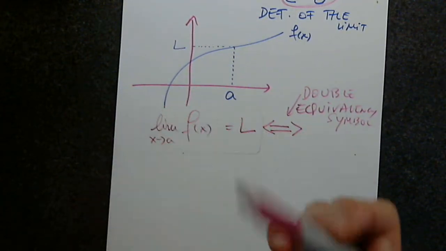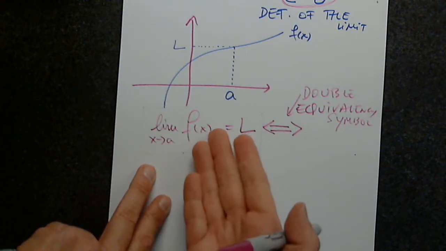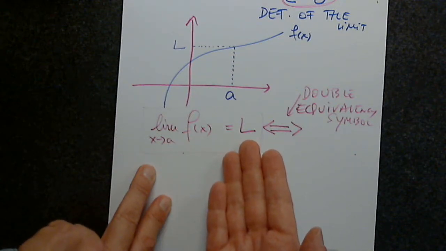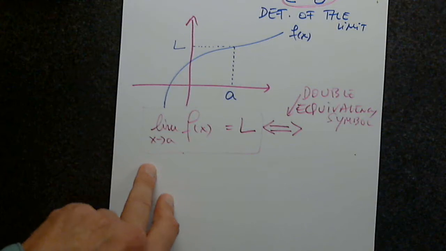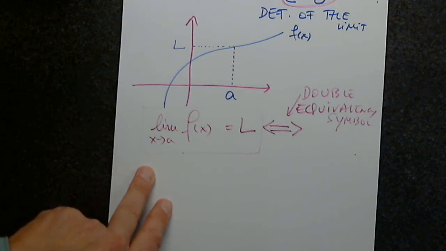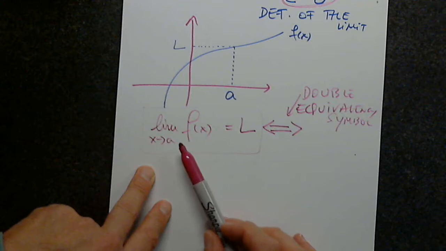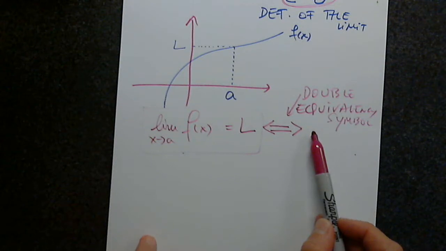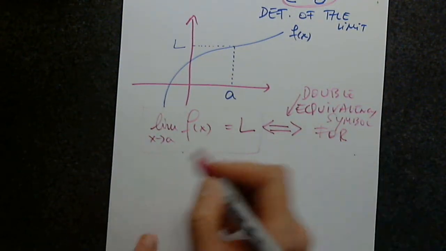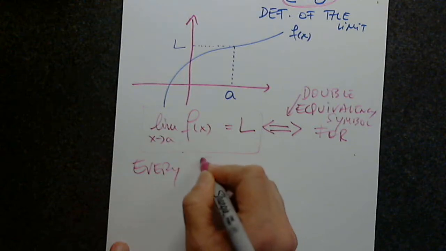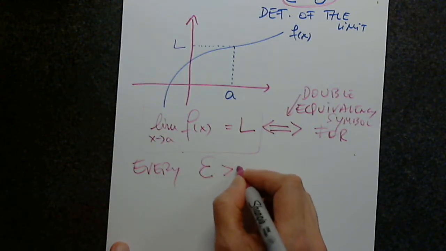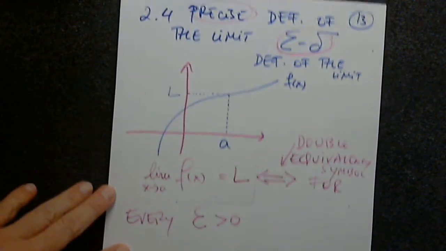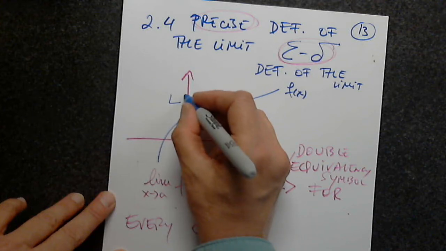It says that the limit of the function as x approaches a from either side exists, and it's a number L. I'm going to repeat this definition several times till we understand it, and then we'll write it down. So the limit of f of x as x approaches a exists, it's a number. That means that for every epsilon positive, what is this and where is it? Epsilon is an interval that we will create around the limit.